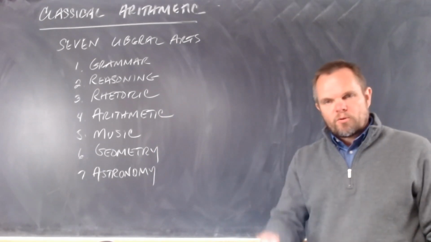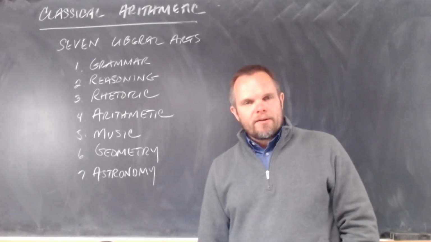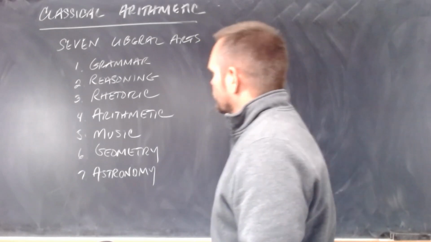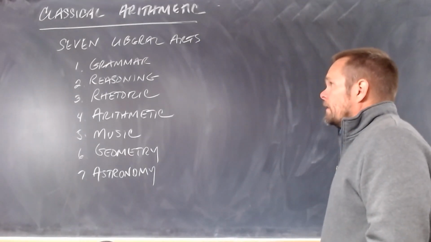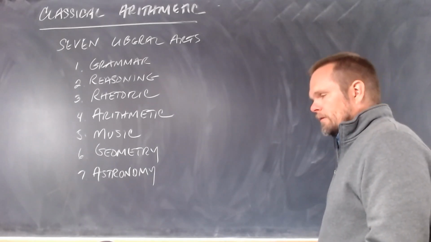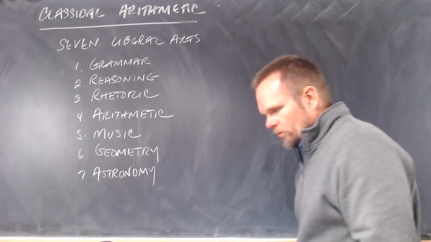So when you look at the school curriculum and you see that this is not the school curriculum, you see that modern education does not follow the wisdom of the ancients. The seven liberal arts are the seven skills that are needed for the pursuit of wisdom.